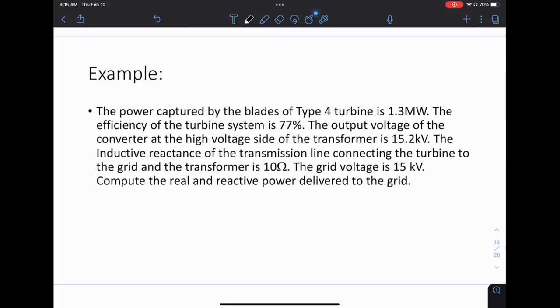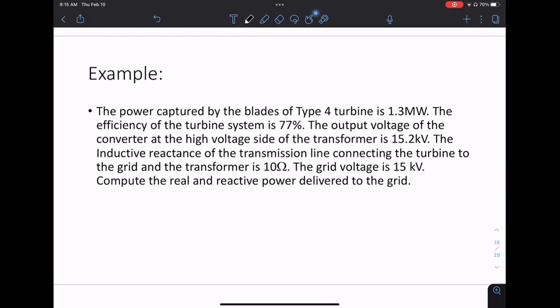So you look at this equation. It may seem that you don't have enough information to determine this. But always remember that the active power, after this efficiency, is completely delivered to the grid. All the active power is delivered to the grid. So you will have enough information to find the angle.